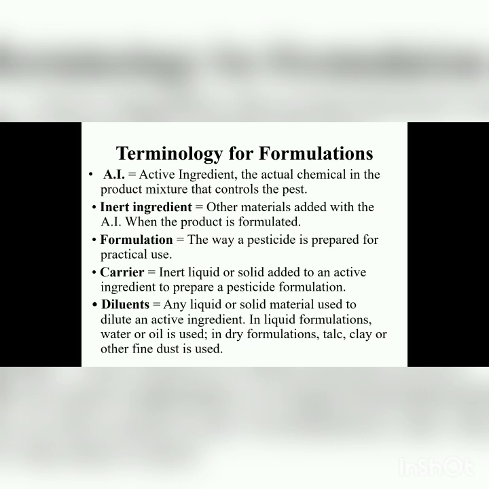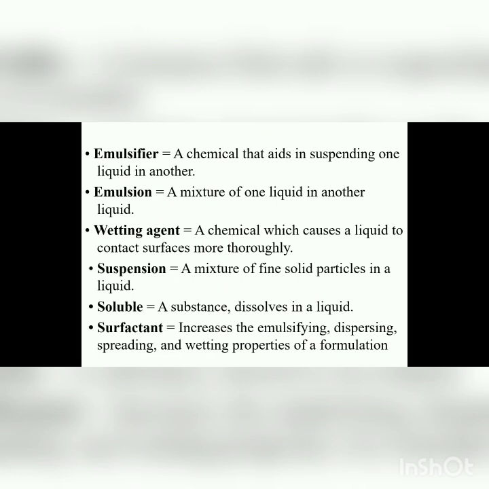In liquid formulation, water or oil is used as diluent, and in dry formulation, talc, clay or other fine dust is used as diluent. Then emulsifier, which is a chemical that aids in suspending one liquid in another. Then emulsion, a mixture of one liquid in another liquid.